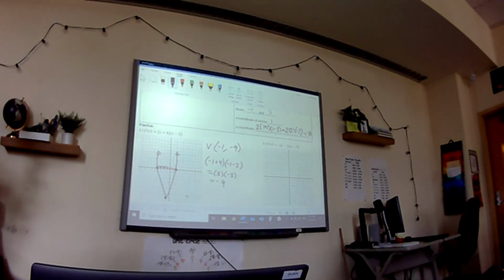Nice. Cool, okay, and now the vertex will be directly between the two, so find out where it will be. It'll be a -2, now find out what you get when you plug in -2.